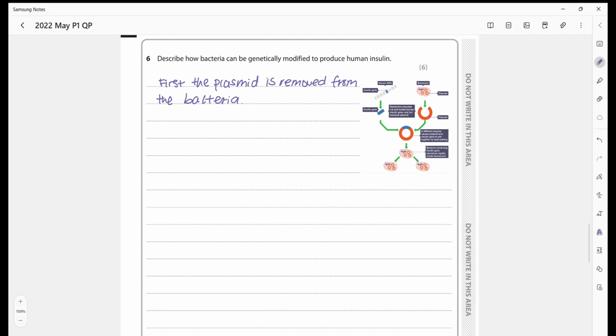All right. Then the insulin gene is located and removed using an enzyme, and this enzyme is called restriction enzyme.